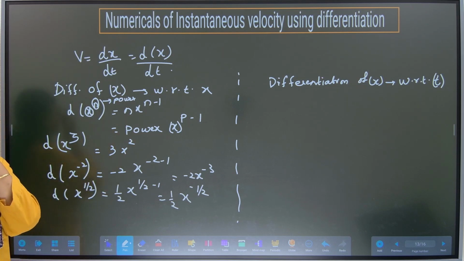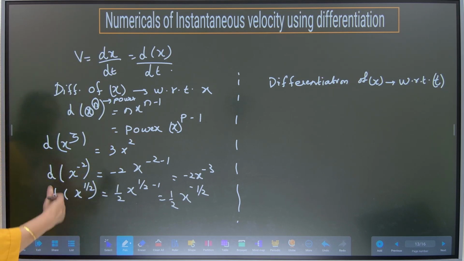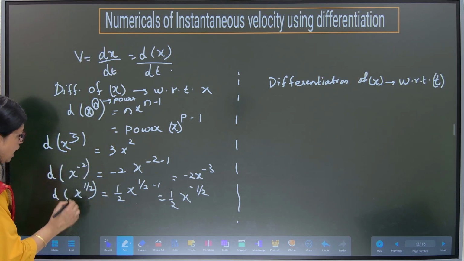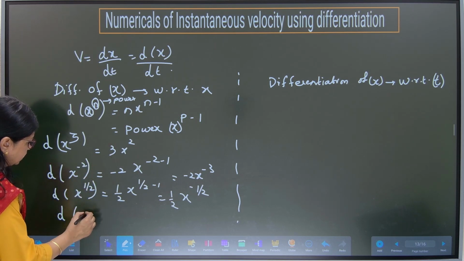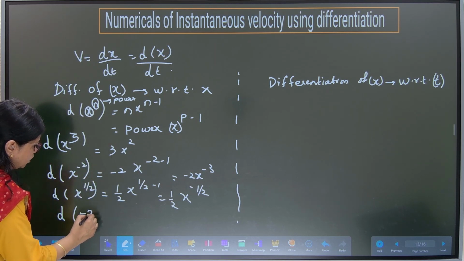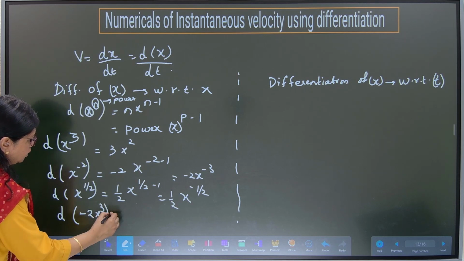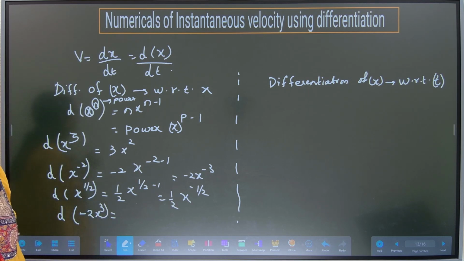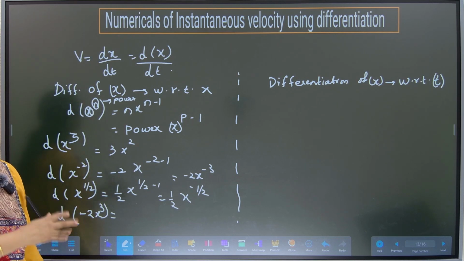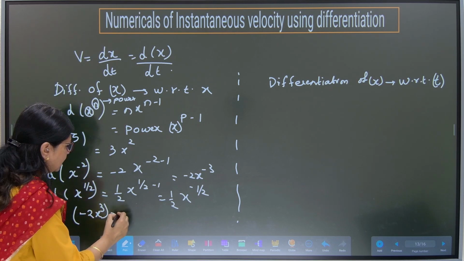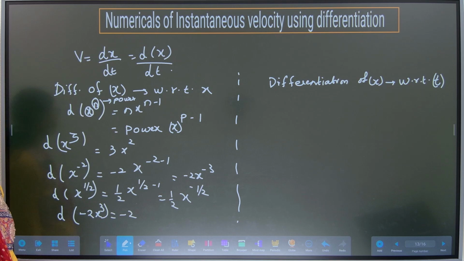Now, there can be situations where there are constants along with the variable and the power. So let us do one example of that. Suppose I write negative 2 x cube. Or simply 2 also if it is there. What should I do? I should write it exactly as it is.